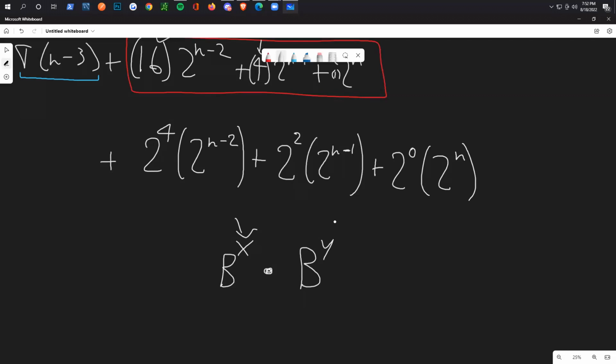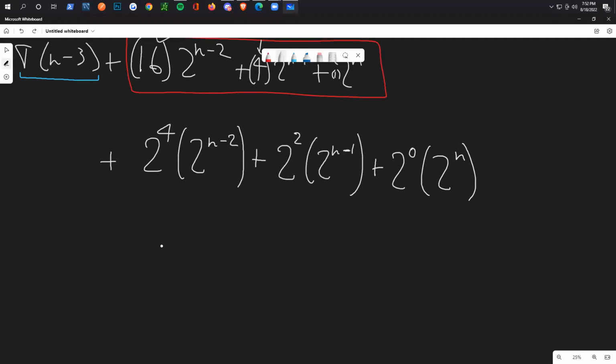So this can be anything, this can be anything as well. But the whole idea is that once you perform this multiplication, this is just going to be equal to b to the power of x plus y. So you add them together. So what we can end up doing is performing this operation on these terms right here. So let's apply that.